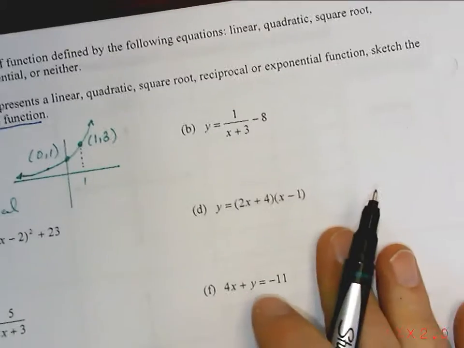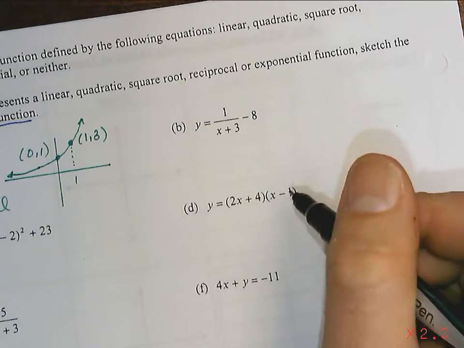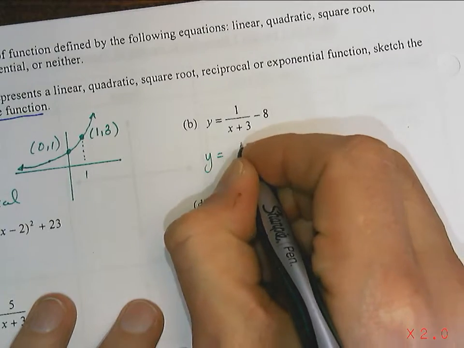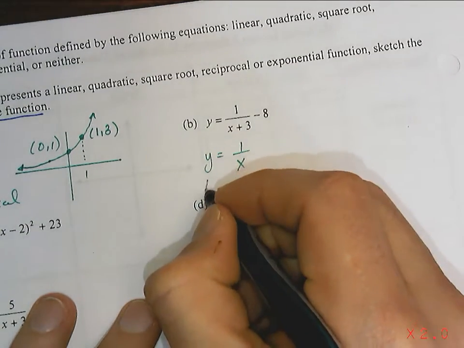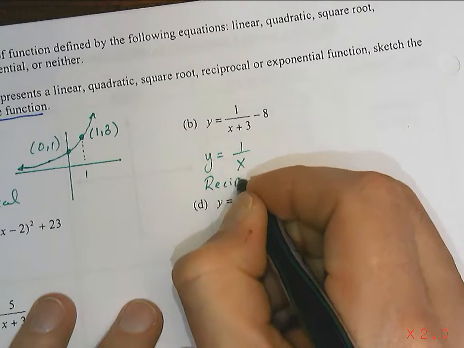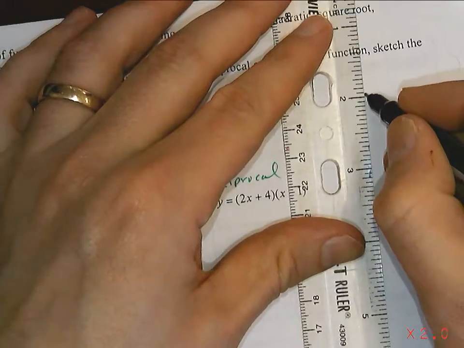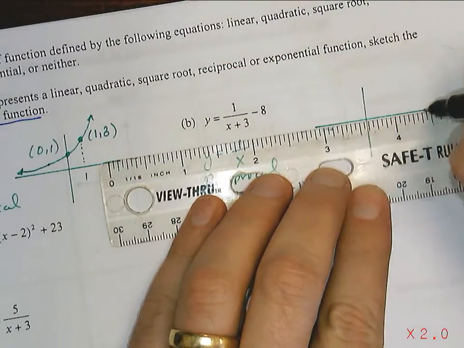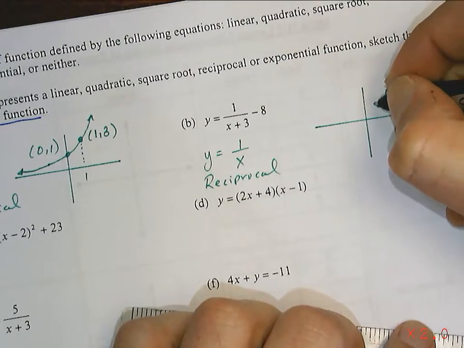Let's take a look at B. Now, look at this +3 and this -8. We're going to ignore that right now. This base function would simply be y equals 1 over x, which is what we call the reciprocal function. We talked about this today, we saw this for the first time, and we were able to determine that it has the point 1, 1, and it goes like this.